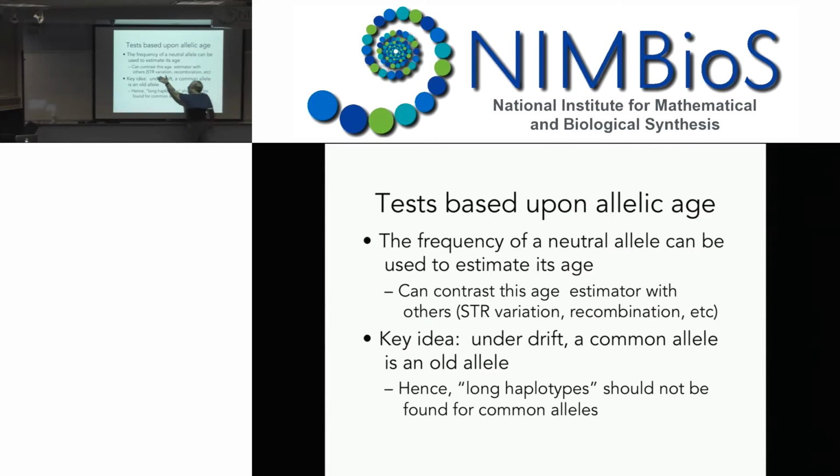What about variation in STRs nearby? That allele appeared as one copy. If that allele is young, an STR nearby is not going to have much variation. I can look at recombination between the site giving that allele and a nearby marker. I should have high levels of LD if the allele is young. That association will break up if the allele is old.